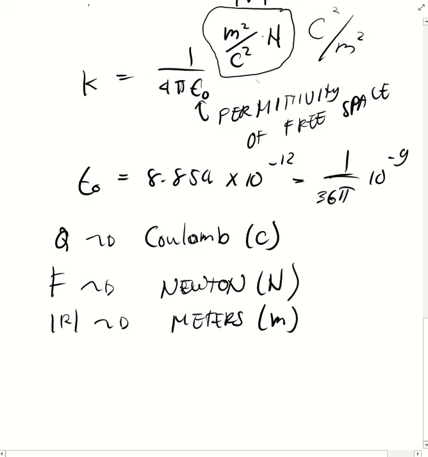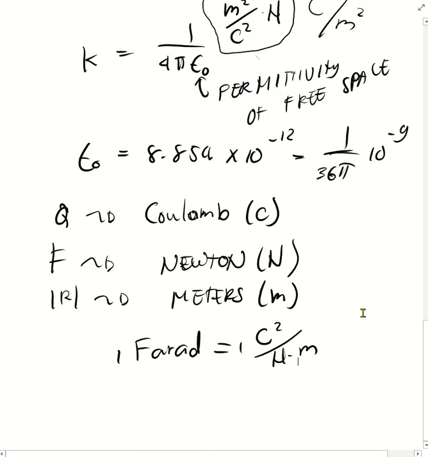But there's a simpler unit for this, because we don't want our unit to look like this. There's another unit, the farad, the unit for capacitance, and 1 farad is equivalent to 1 Coulomb squared per Newton meter.